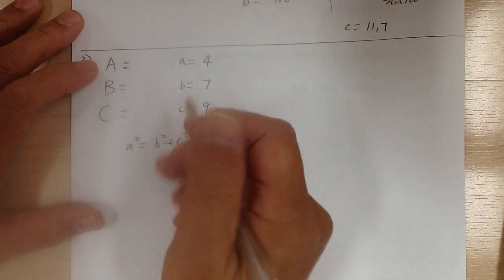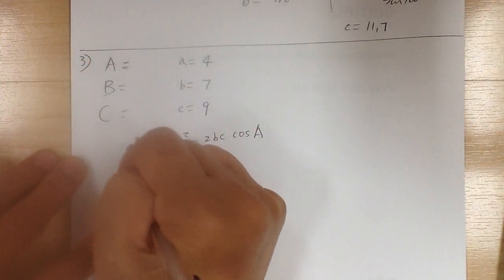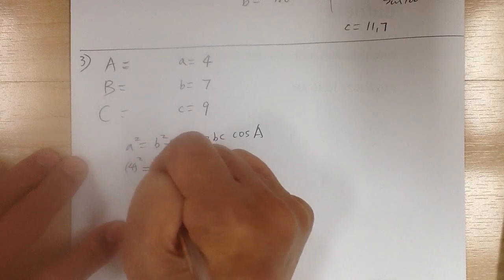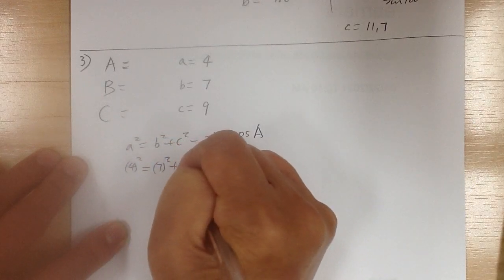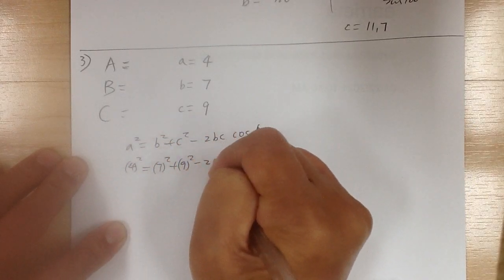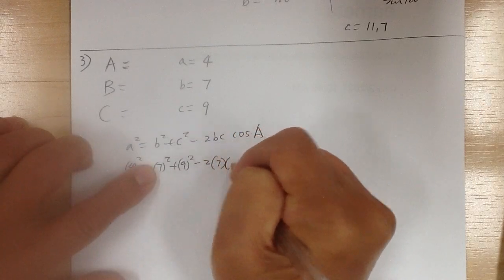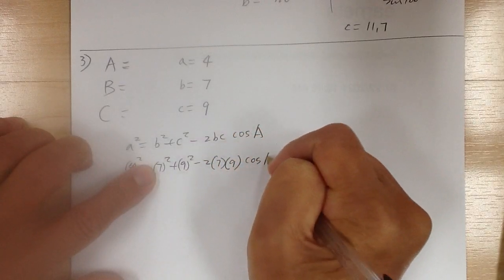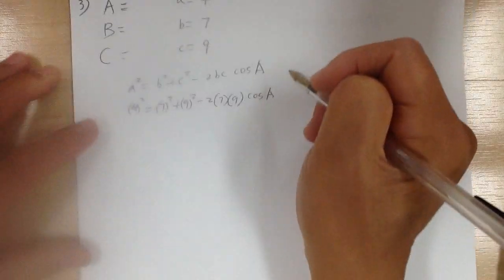So you substitute: 4 squared equal to 7 squared plus 9 squared minus 2 times 7 times 9 cosine of A. Then you work it out.